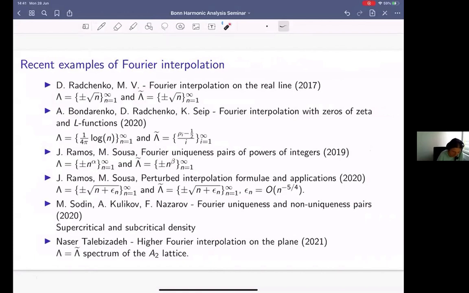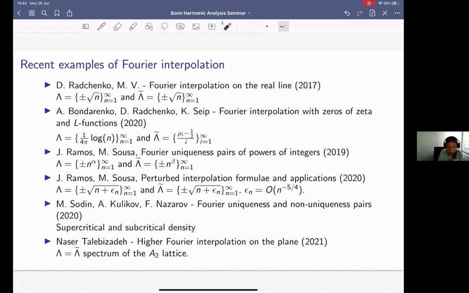As in the classical case, lambda was discrete, even though rather sparse, and lambda tilde was an infinite and uncountable set, which had actually infinite measure.